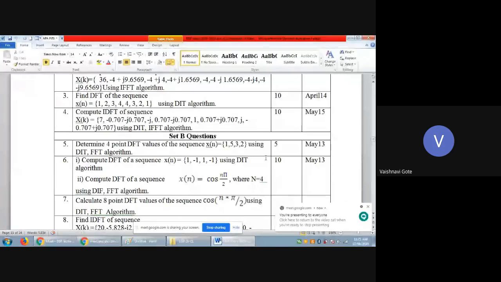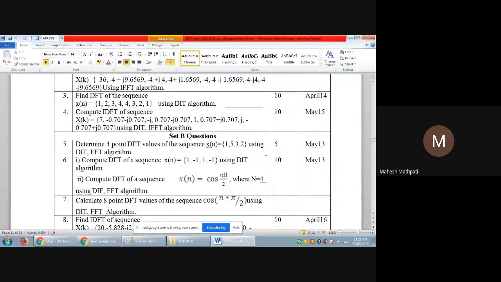Total 4 twiddle factors we require. And then we calculate stage 1 and stage 2. Stage 1 is of 2 point and stage 2 is of 4 point. Very good. So this kind of clarity is required. If you are clear with this way, then there is no problem you are going to face at any example.